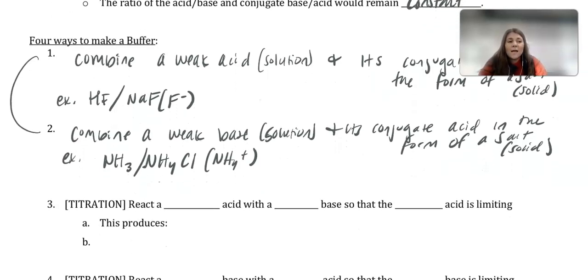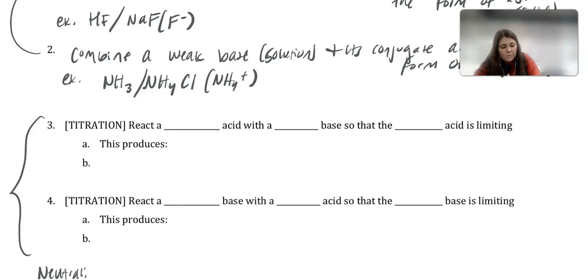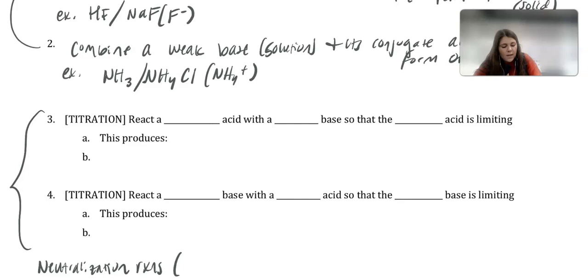All right. The next two examples are based off titrations. So remember, titrations are going to be neutralization reactions, okay? So I'm going to put this right here, neutralization reactions, aka our acid-base reactions.